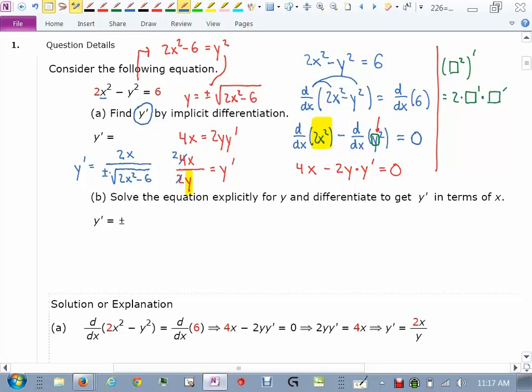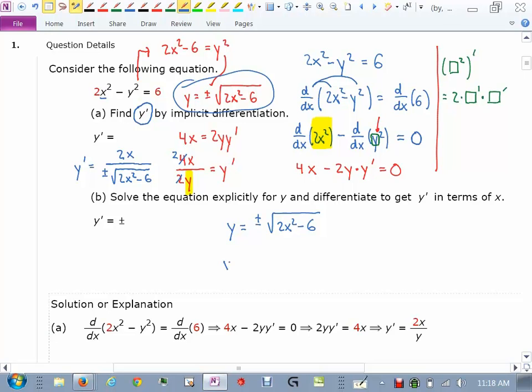Now in part B of this problem, what they want you to do is solve for y before you take the derivative, and then figure out what the derivative is. So what we would have done is first solved for y, which would have given us this, and that came from this right here.